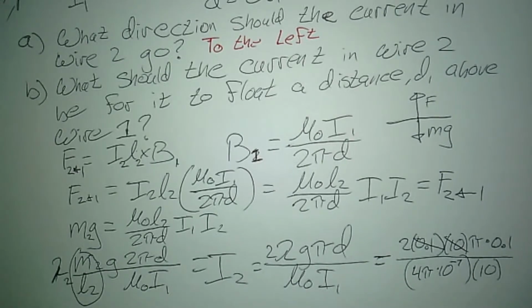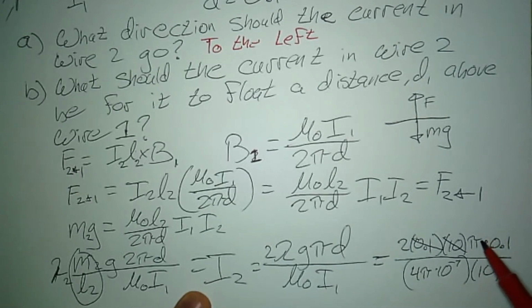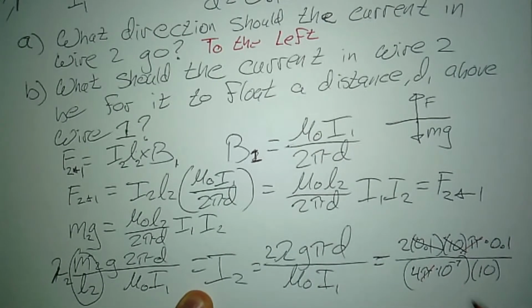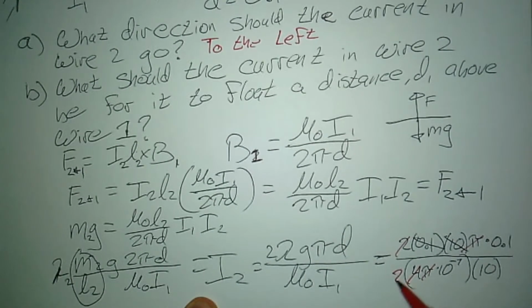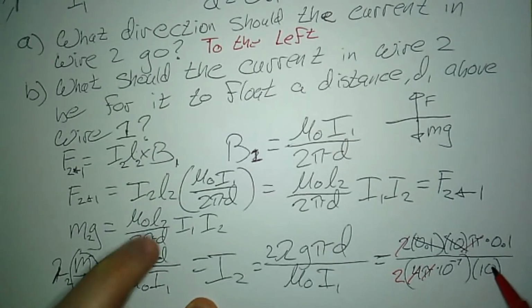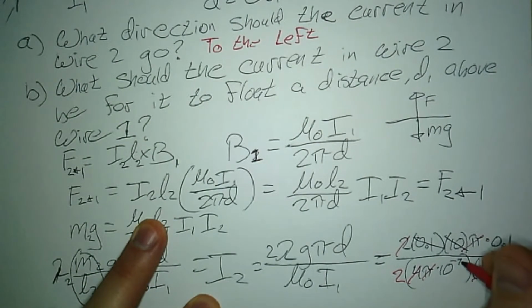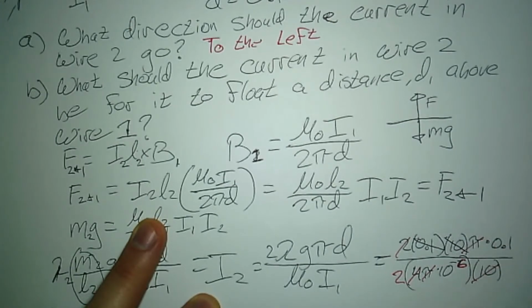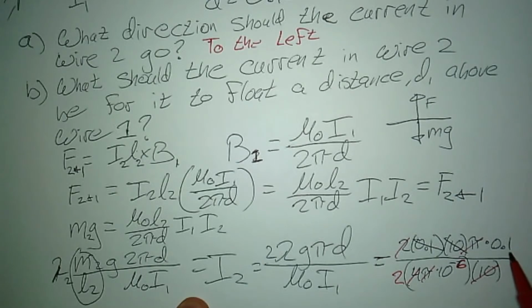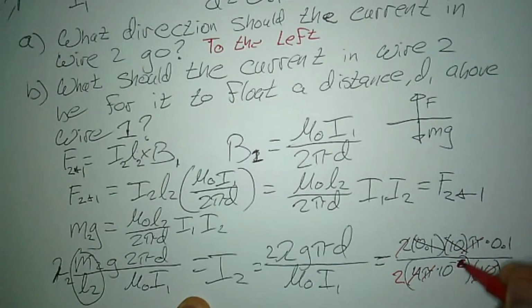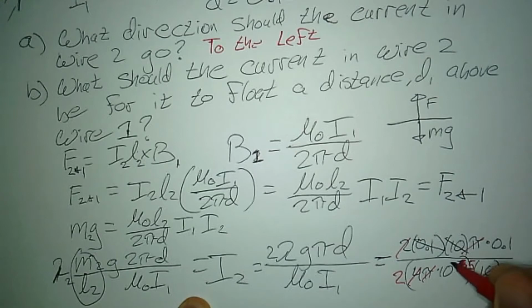Well, I didn't notice this at first because I'm not always the most observant like all of you, and sometimes I do math the hard way. But this pi and this pi cancel. So this 2 and this 4 can turn into a 2. And I can take this 10 and turn the negative 7 into a negative 6. So now I'm going to have 1/2. Well, actually I can take this 0.1 and put it as another 10 down the bottom, because I can look at this as a 1 over 10, so I can turn this into a 5 up here.